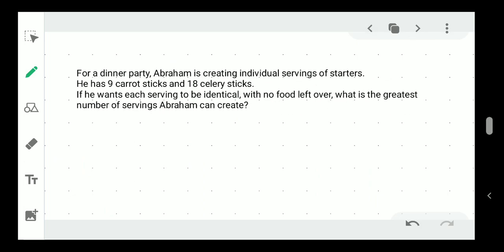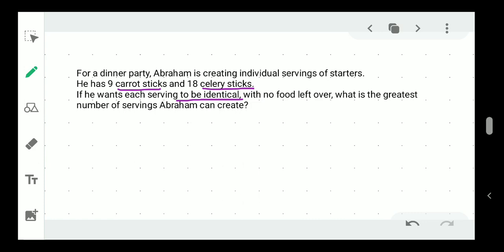You can see that for a dinner party, Abraham is creating individual servings of starters. He has 9 carrot sticks and 18 celery sticks. So these are some kind of food. Achha, if he wants each serving to be identical, so again it is coming.